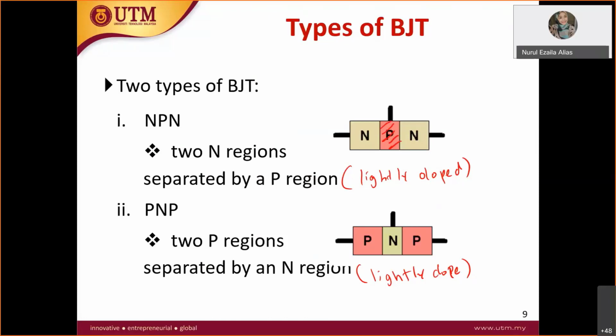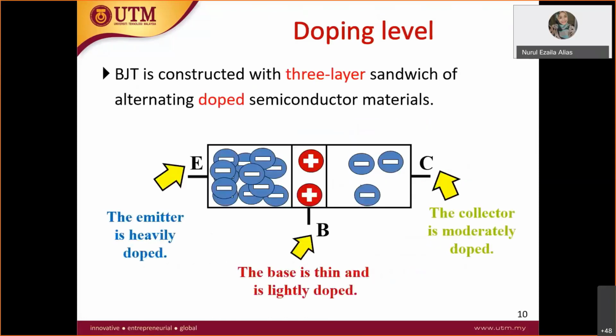However, in the PNP junction, the N region is very small or lightly doped compared to the P regions. So that is the doping level. Now we are looking at the NPN type. BJT is constructed of three layers, sandwiched between alternating doped semiconductor material.